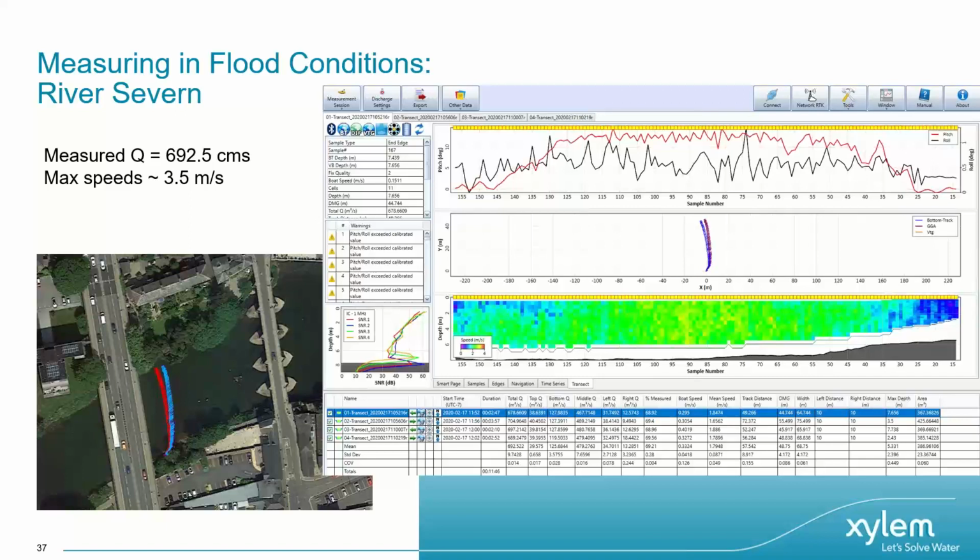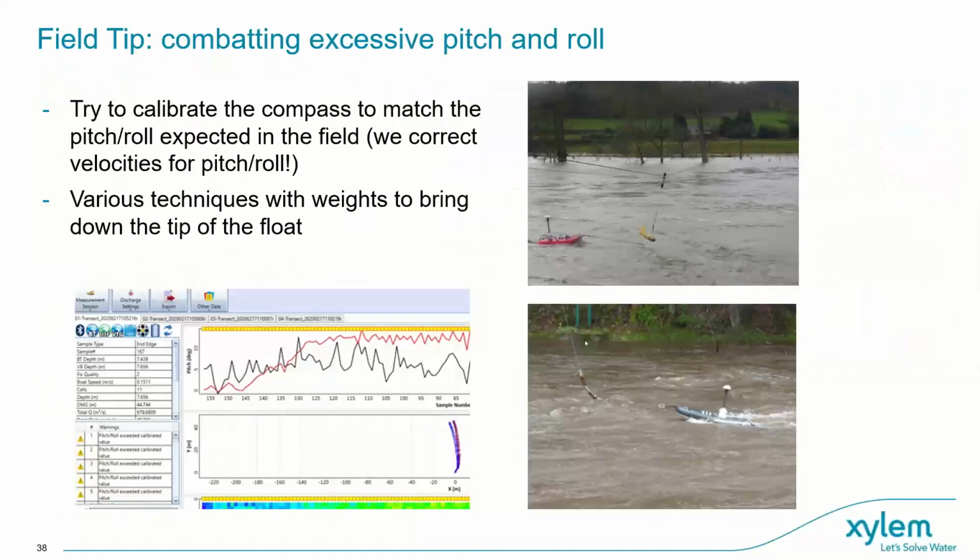So sometimes it's not preventable, but in terms of a field tip, how do we combat excessive pitch and roll? So in the RSQ software, you'll see on the bottom left here this QC QA warning window, and in this data set in particular, you'll see some pitch and roll warning. So this says pitch and roll exceeded calibrated value.